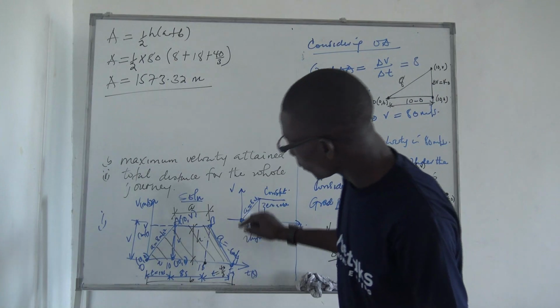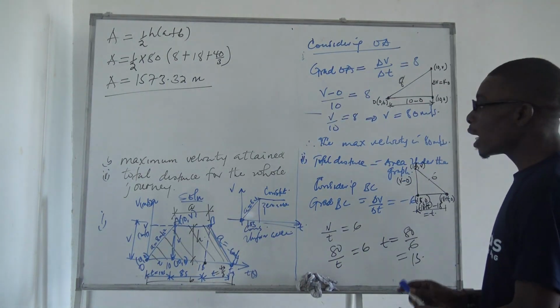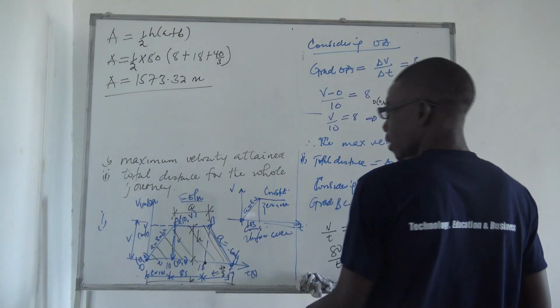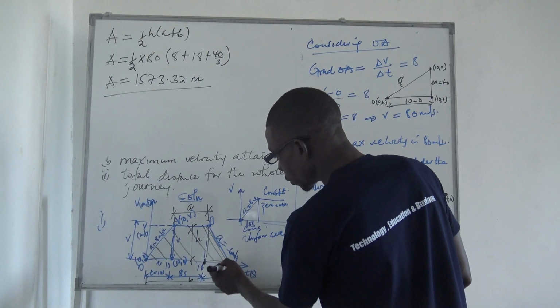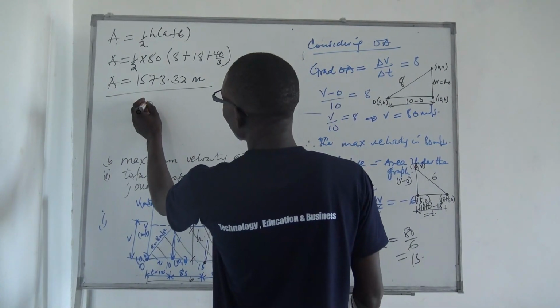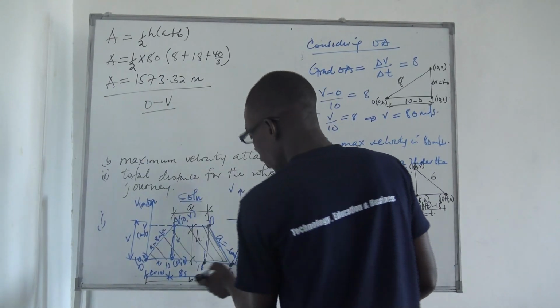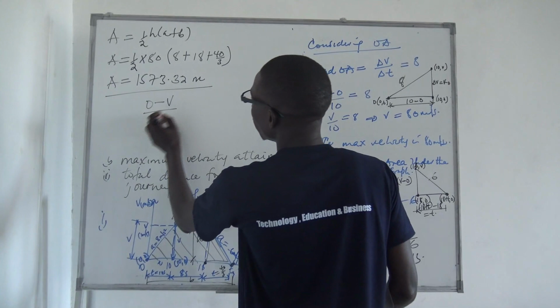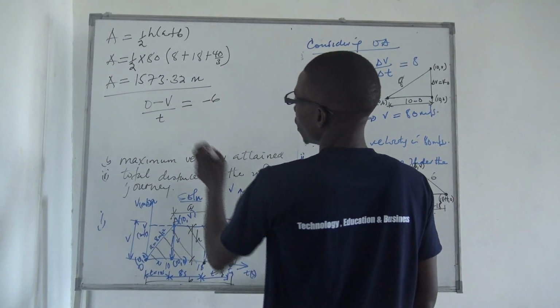And now here, by the fact that the velocity is reducing, I would say it is the final velocity minus the initial. The final is 0, the initial is at this point here, which is V, out of the time here, which was T, is equaling to, in that case, -6.